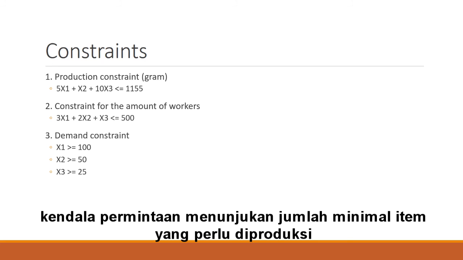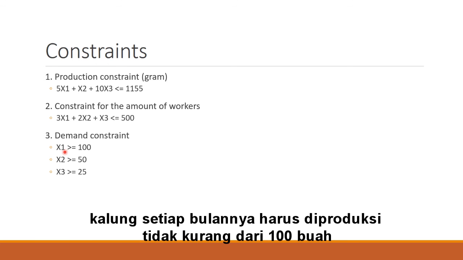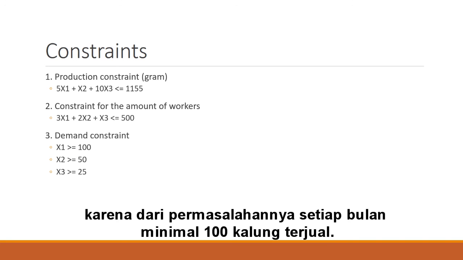The third is the demand constraint. This demand constraint shows the minimum items that should be produced by the firm, because of the demand each month. The necklaces each month should be no less than 100, because from the problem we can see that each month 100 pieces of necklace are sold at minimum.